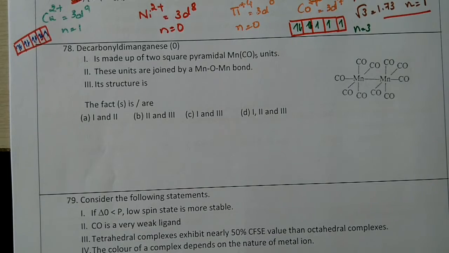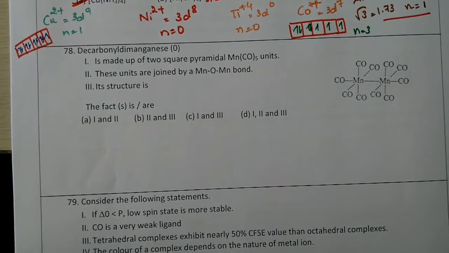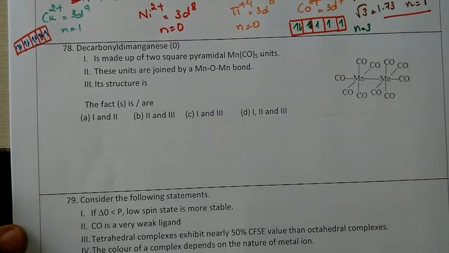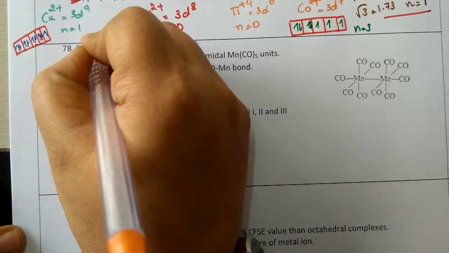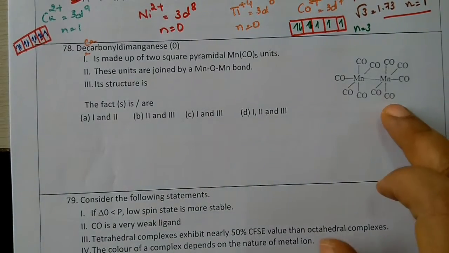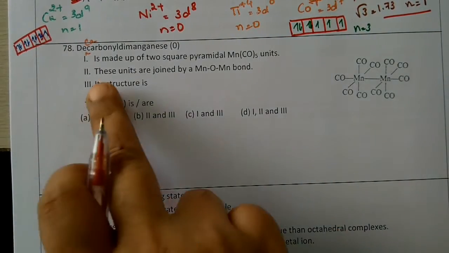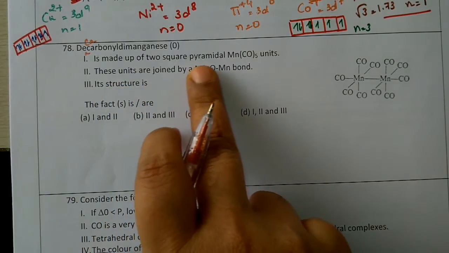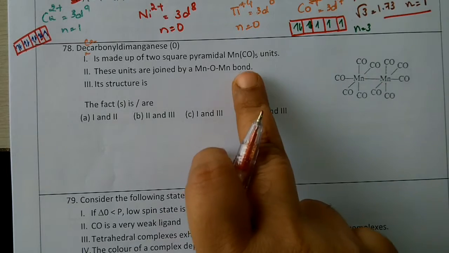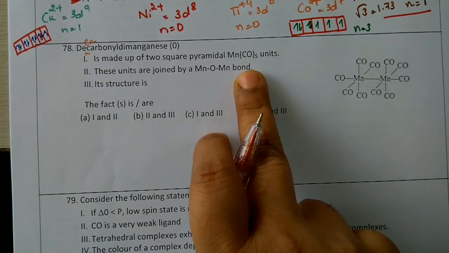So the next complex we have is decacarbonyl. We have a spelling mistake over here. Decacarbonyl dimanganese(0), the complex structure is given there. It is made up of 2 square pyramidal Mn(CO)5 units, with coordination number 5.